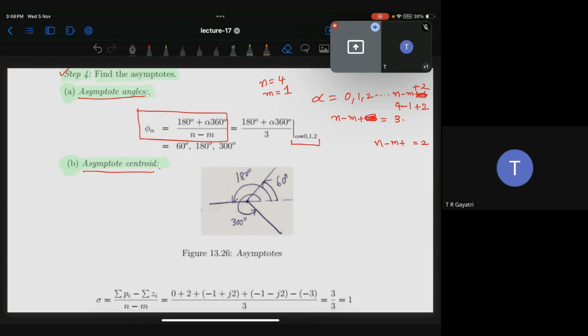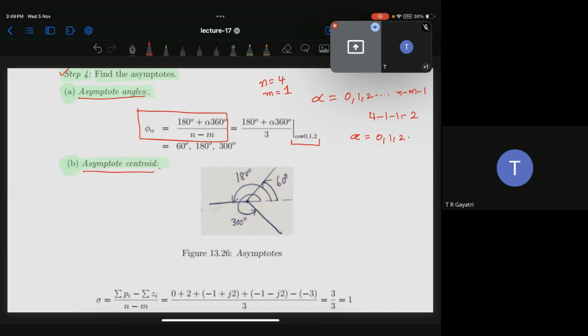Okay, sorry, I was wrong. So that will be n minus m minus 1, so 4 minus 1 minus 1. That will be 2. Is that clear? So alpha will be maximum 2: 0, 1, 2.